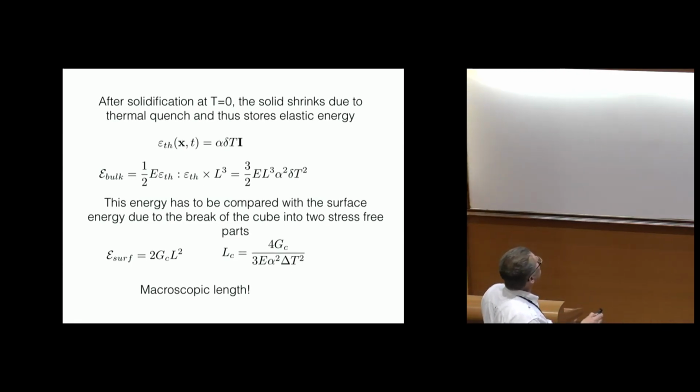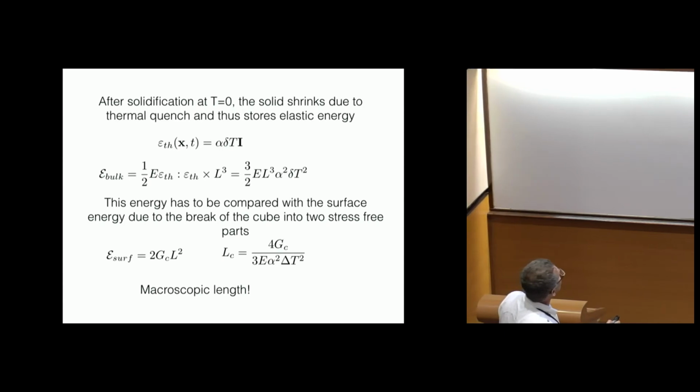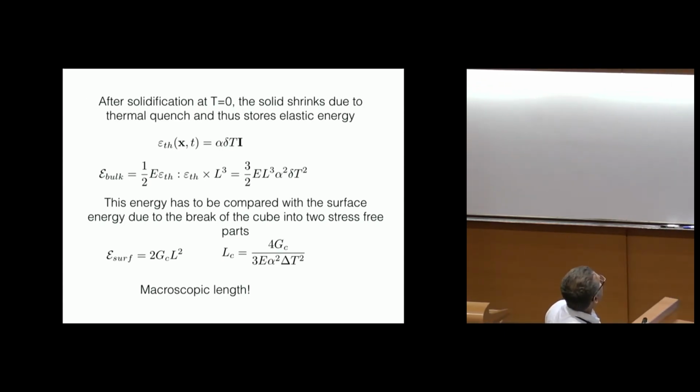Then you can compute the elastic energy of that, which is just the product of that times the deformation, and you obtain times the stress tensor. And if you are in the elastic limit, the stress tensor is proportional to the strain tensor by a factor E, which is the Young modulus of your system.